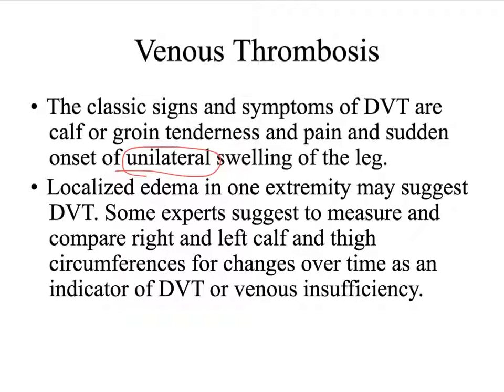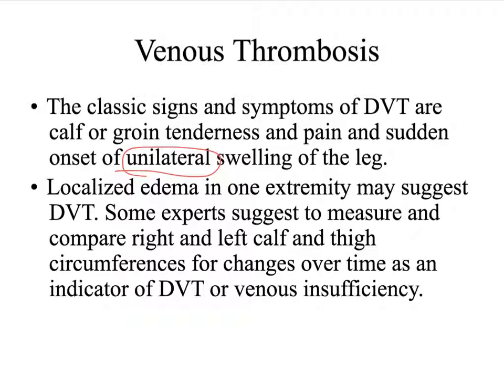Measuring the calf can help us to determine how much bigger. So if we suspect that there's swelling in one calf, it can be very helpful to measure each calf and compare them to determine and say, yes, the right calf is definitely swollen. It's 2 centimeters greater in circumference than the left.